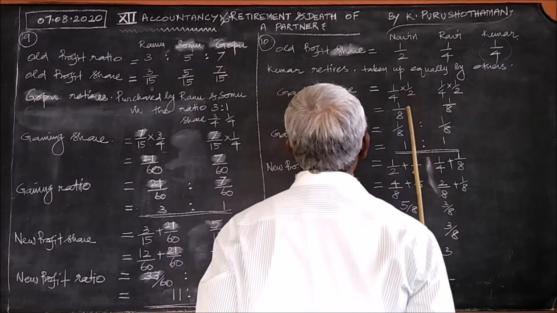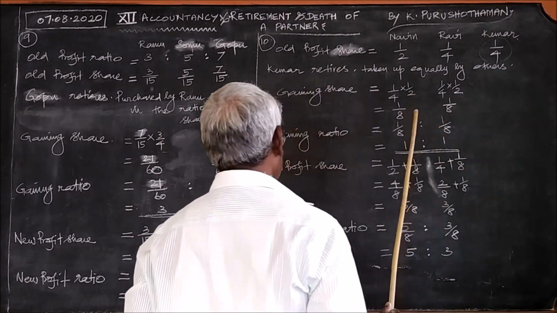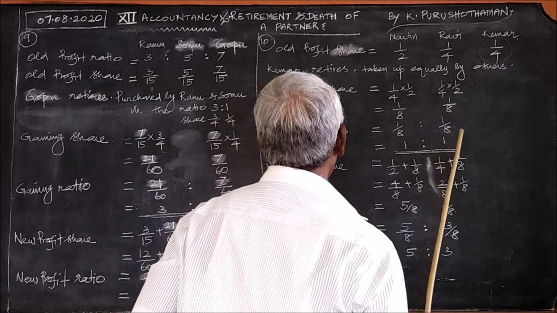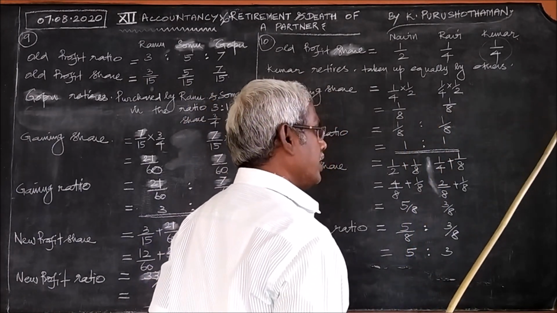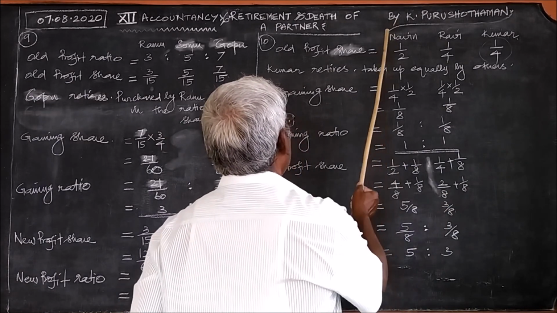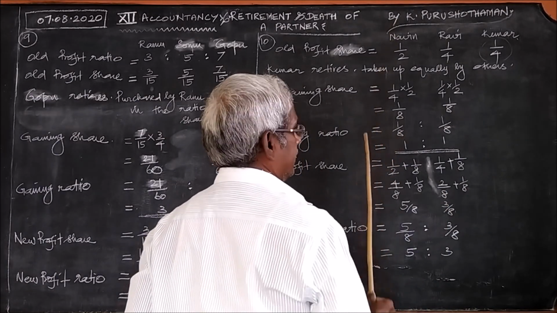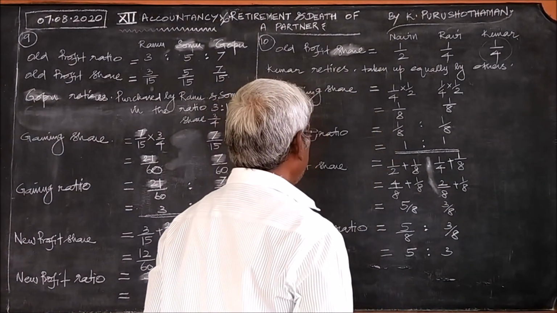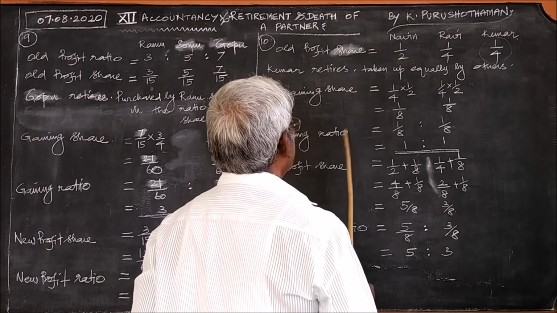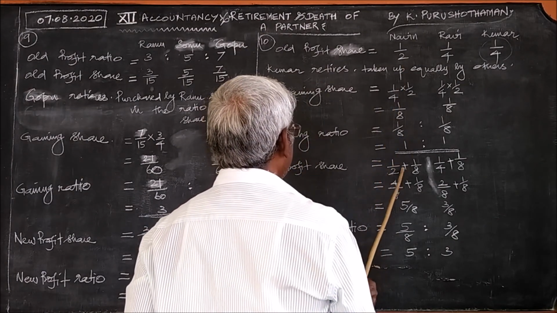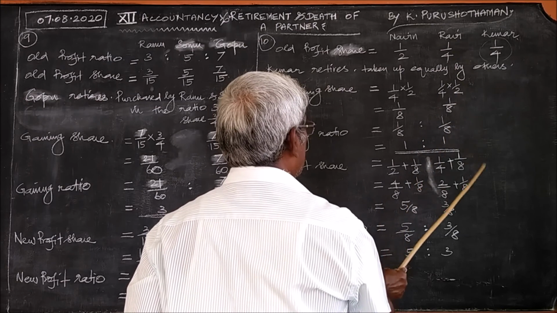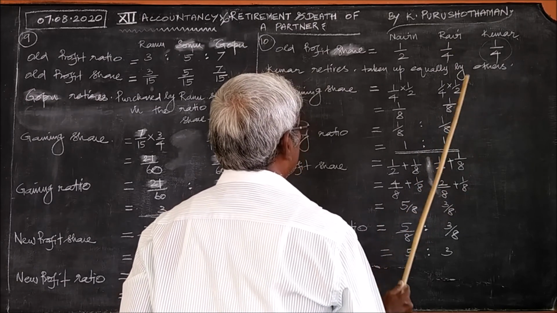What about the new? New profit share is equal to old profit share plus gain, that is 1 by 2 plus 1 by 8, 1 by 4 plus 1 by 8. That's what I have written.